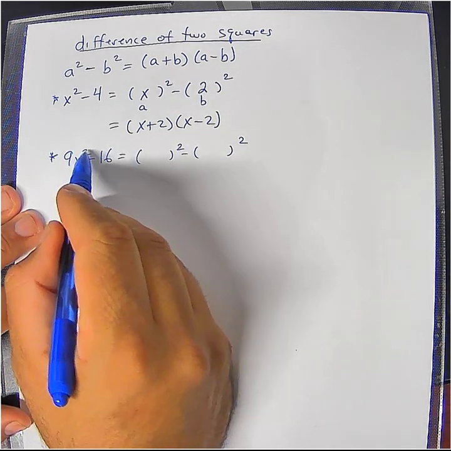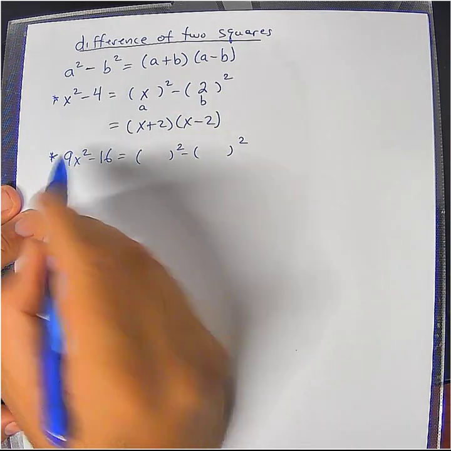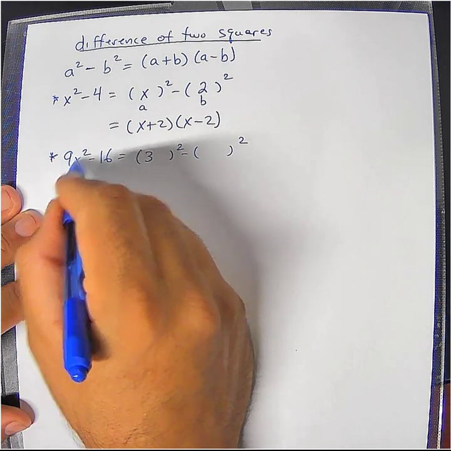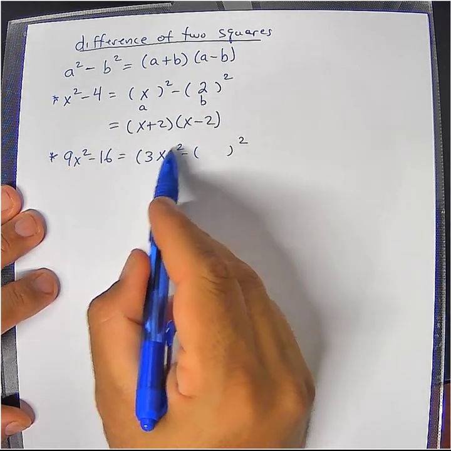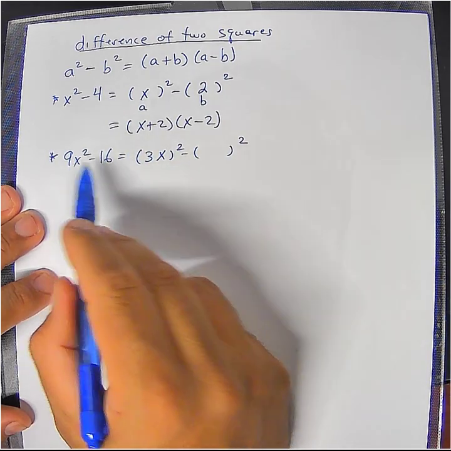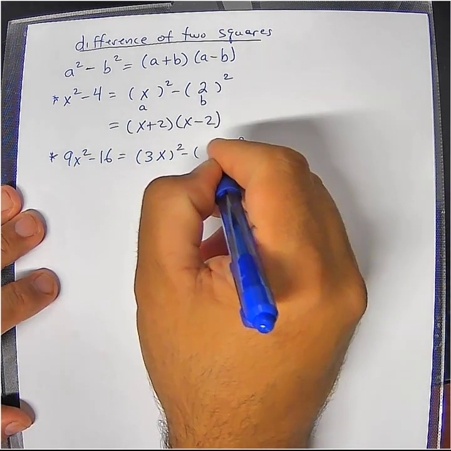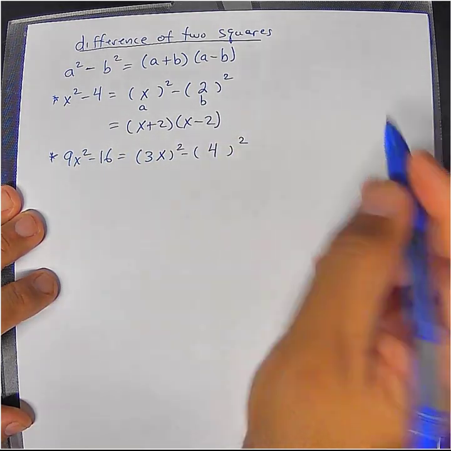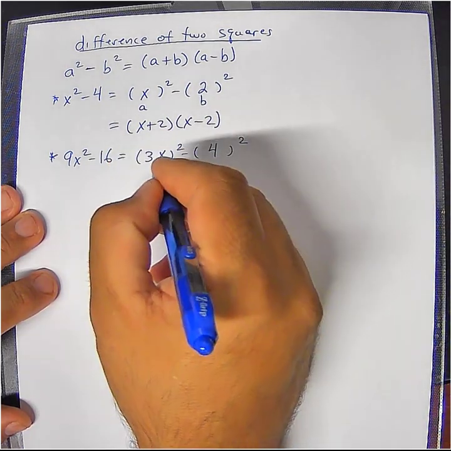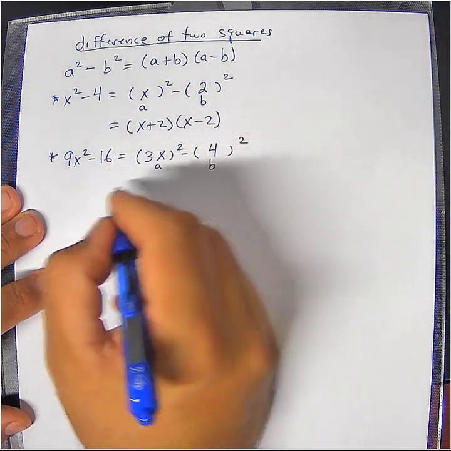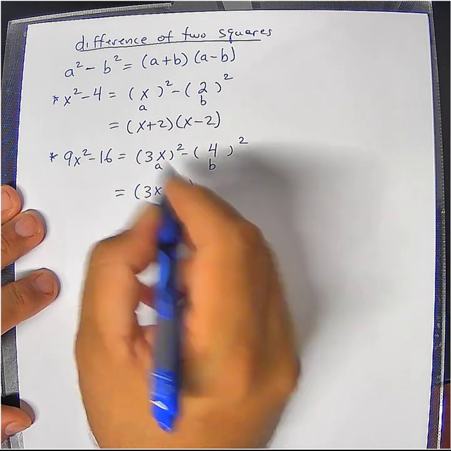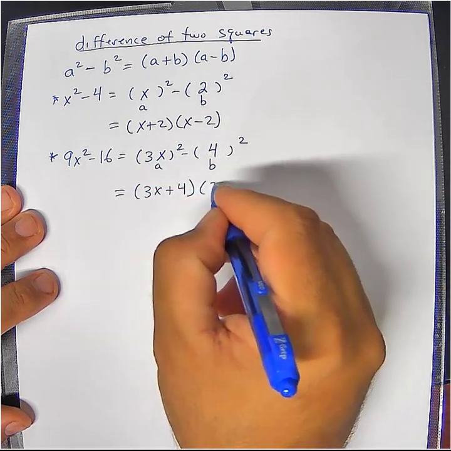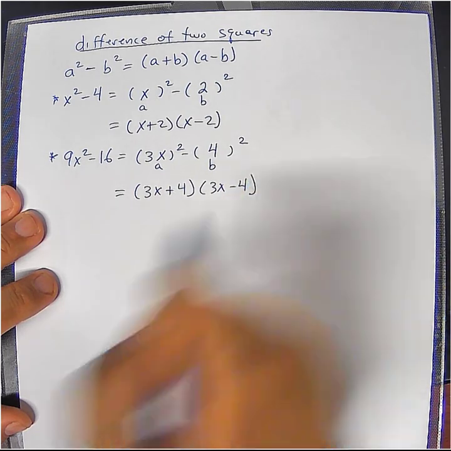This 9x squared, let's talk about the number. 9 would be 3, and then x squared would be the x, and as you see, 3 to the second is 9, x squared, you get 9x squared. This 16 is a 4, because 4 squared is 16. So that acts like my a, that acts like my b, so I'm going to end up with a plus b, the 3x plus 4, and then the 3x minus 4.